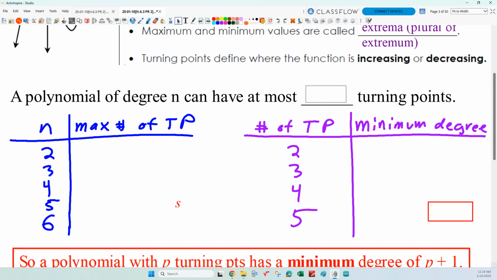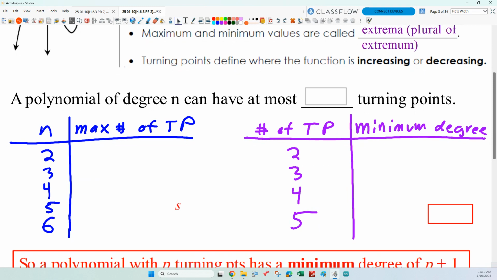If I have a polynomial of degree n, I want to know what the maximum number of turning points is. I could write a polynomial of any even degree that only has one turning point, and a polynomial of any odd degree that never turns. But I want to know the maximum number of turning points.